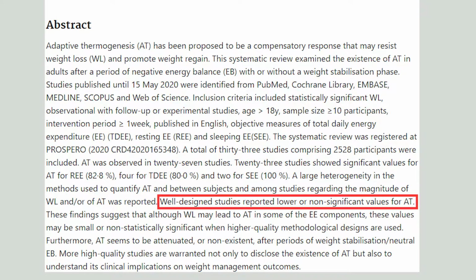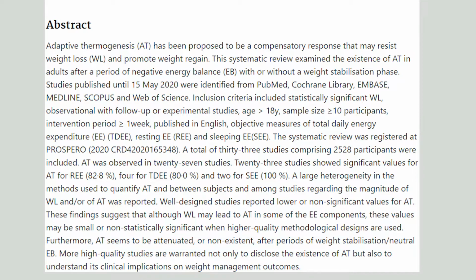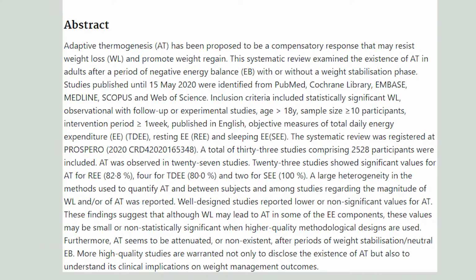However, the authors do note that the higher quality studies did not find this to the same degree, or did not find this at all, and after a period of weight stabilization, which means that the participants lost weight and then remained at their new lower body weight for some period of time, this adaptive thermogenesis went away completely in many cases. And now I will show you a couple further studies that also illustrate these points.